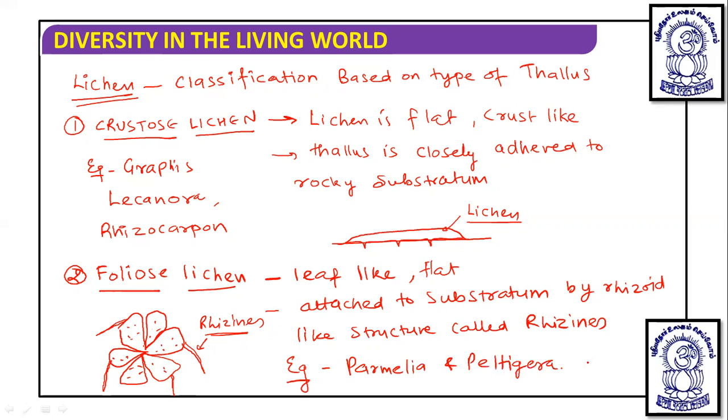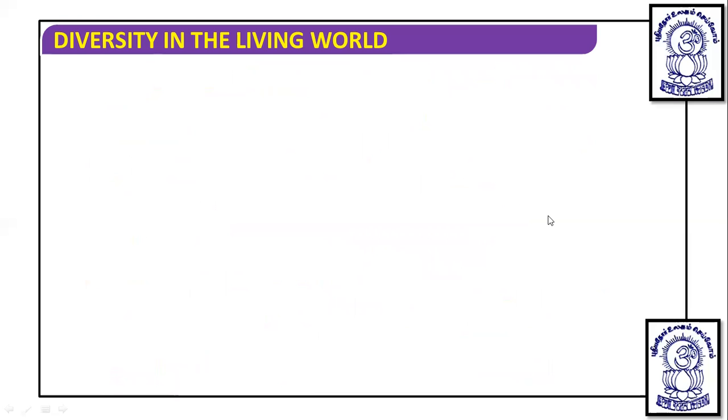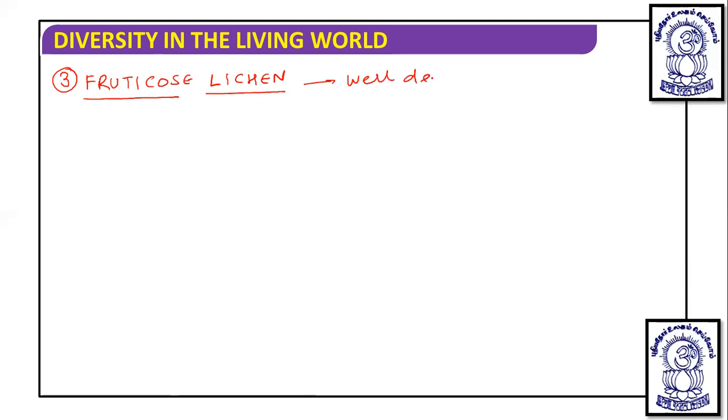Now, after this, we are going to talk about the third type of lichen, that is fruticose lichen. Okay, so let's talk about the fruticose lichen. Now, as the name suggests, these fruticose lichen are well-developed lichen, and these well-developed lichen are somewhat bigger than the initial two, so they look shrub-like.